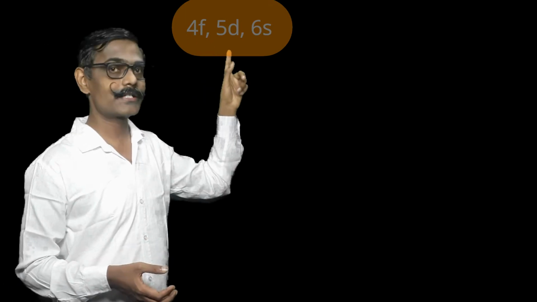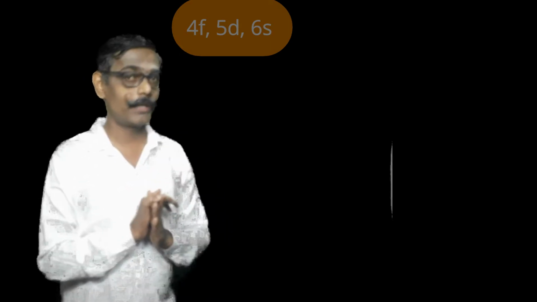Okay. Next, the 5d orbital is a little bit away from the 4f orbital, but it has more nodes compared to the 4f orbital, because the d set of orbitals started from the third shell: 3d, 4d, and now 5d.